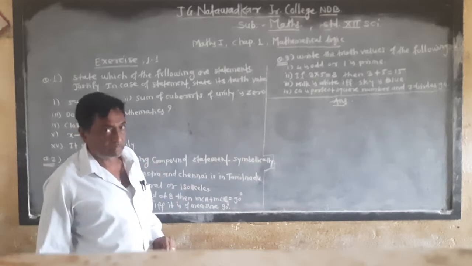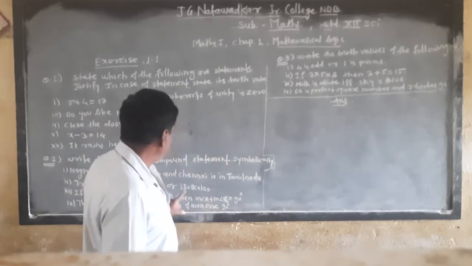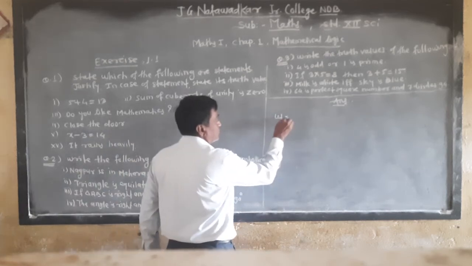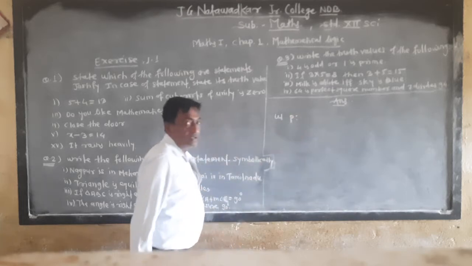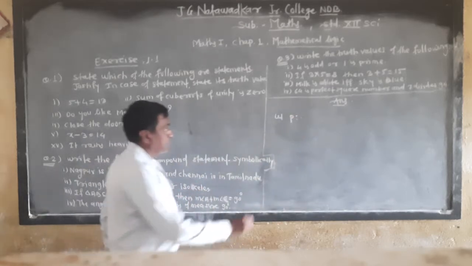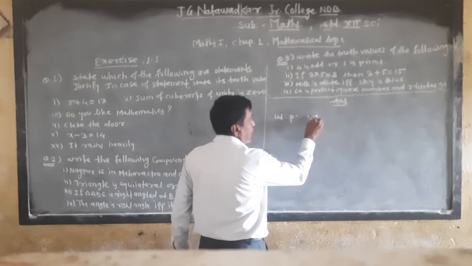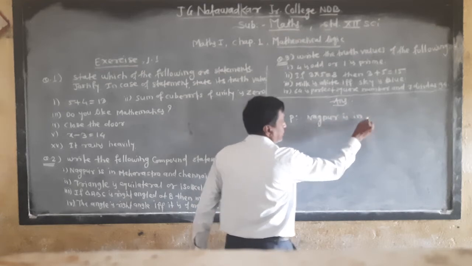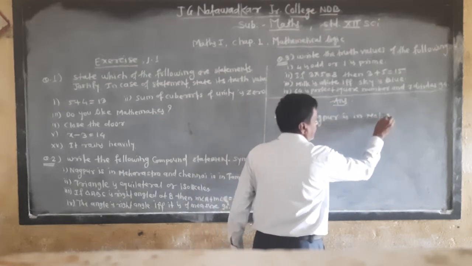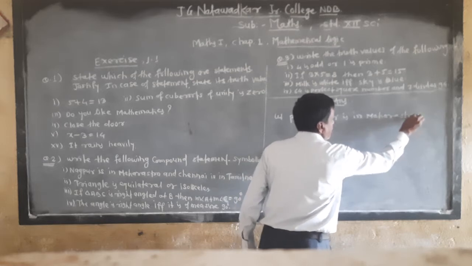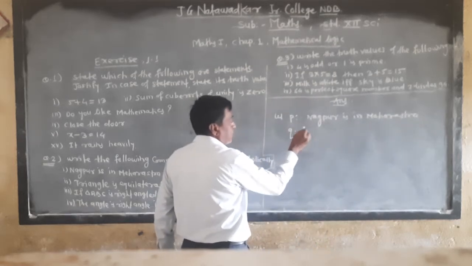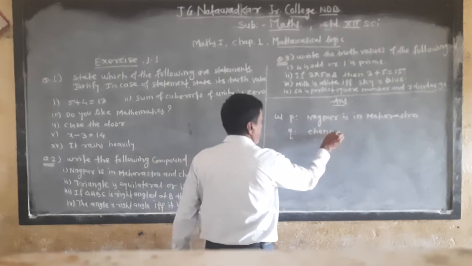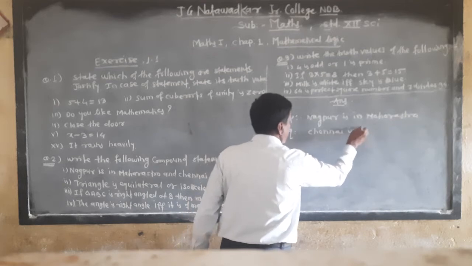There are two statements, and these two statements are connected with the connective "and". So I will mention here that small p means Nagpur is in Maharashtra, and q means Chennai is in Tamil Nadu.